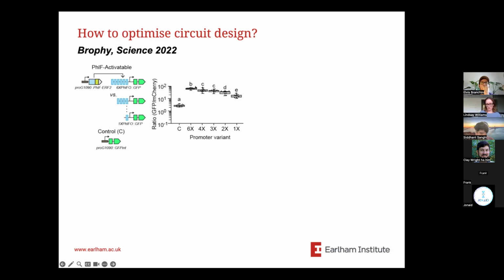What is shown here is that having 6 of those binding sites is what works the best. So this is what is selected later on to implement some more complex systems.